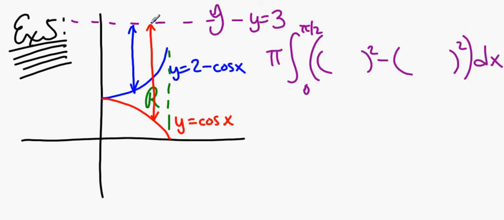The big radius goes from the center to the curve on the outside. This is going to generate the outside edge because it's further away from our line. The other is the radius from the center to the inside curve. This is generating the hole. This is what's making your hole. So what is that? Well, this whole distance is 3, and this is cosine x.